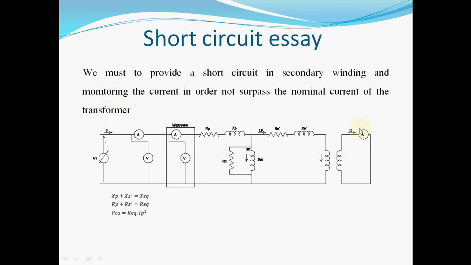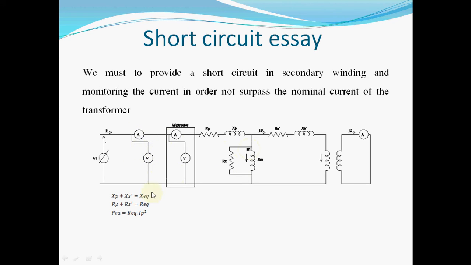So we put the ammeter in order to measure the current in the secondary side of the transformer, and we put the wattmeter in order to measure the power supplied to the transformer. And here you can see ammeter and the voltmeter.